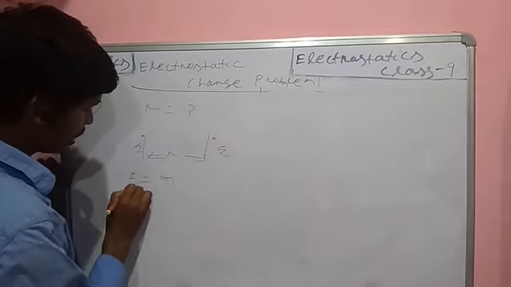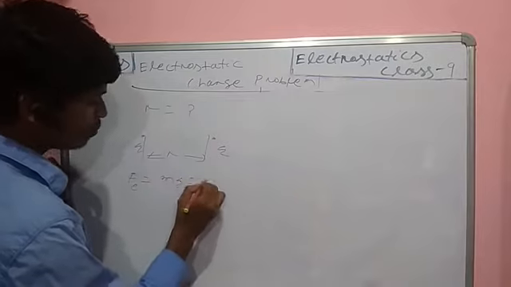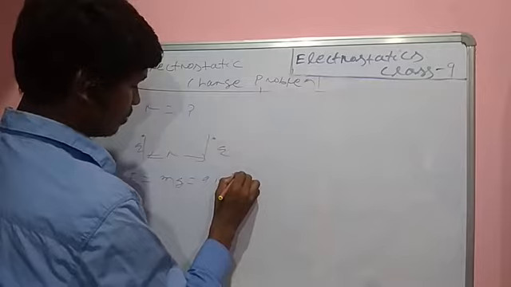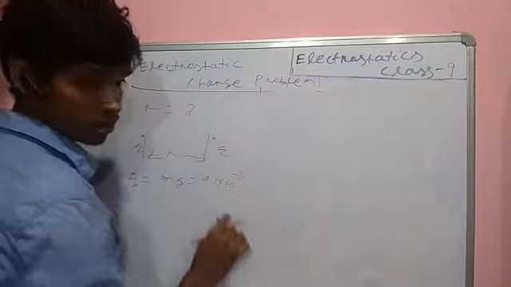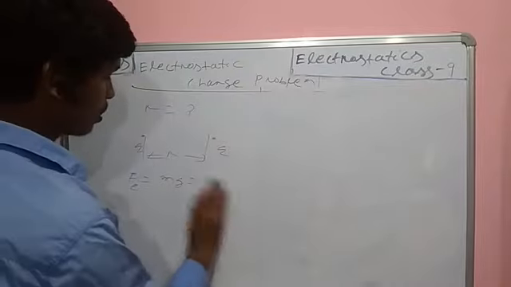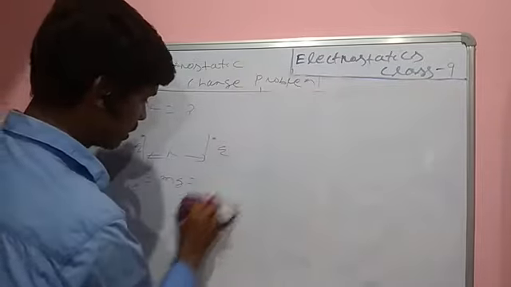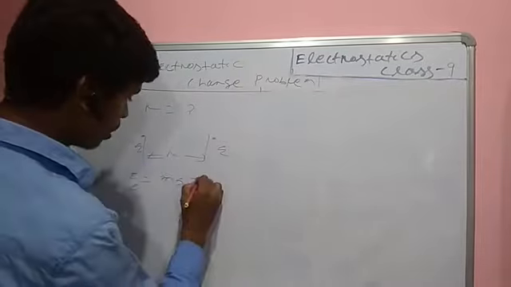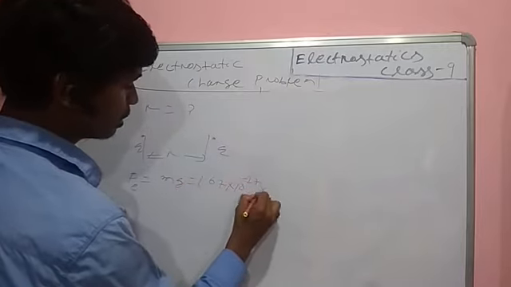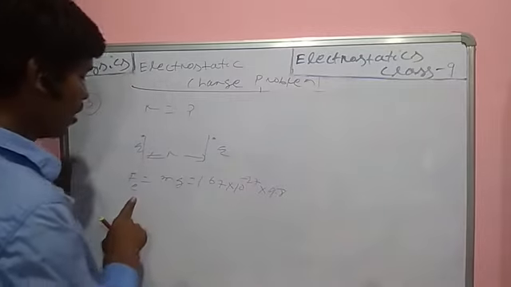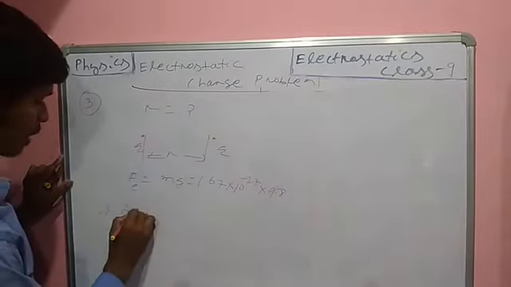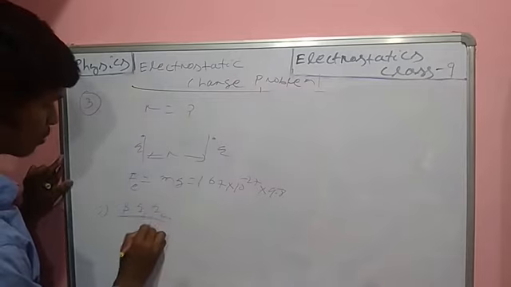That means F is equal to mg, where m is the mass of the proton, 1.67 into 10 to the minus 27 kg, into 9.8. F is also equal to 9 into 10 to the 9 q1 q2 by r square.